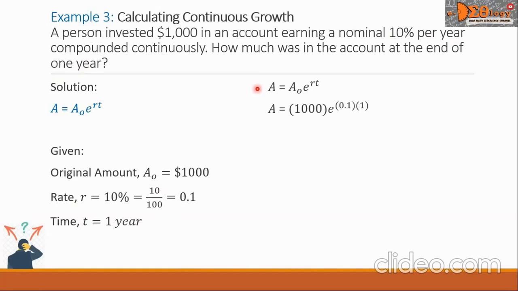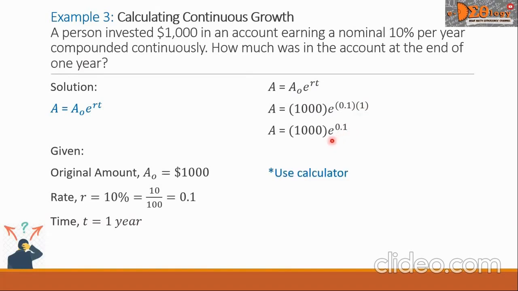And let us do the substitution. A sub O is now 1000. E is a constant, we will just copy. R is now 0.1 times T, the time is 1. The 0.1 times 1 is simply 0.1.